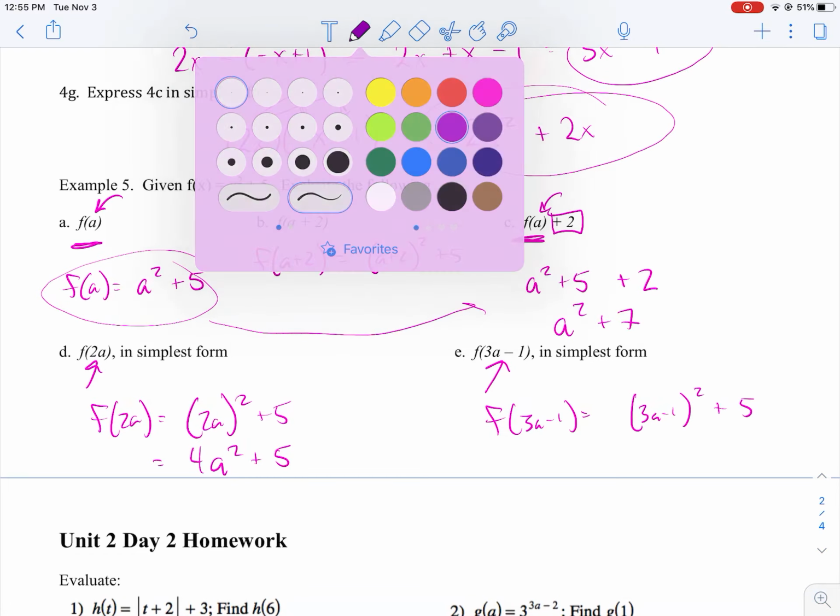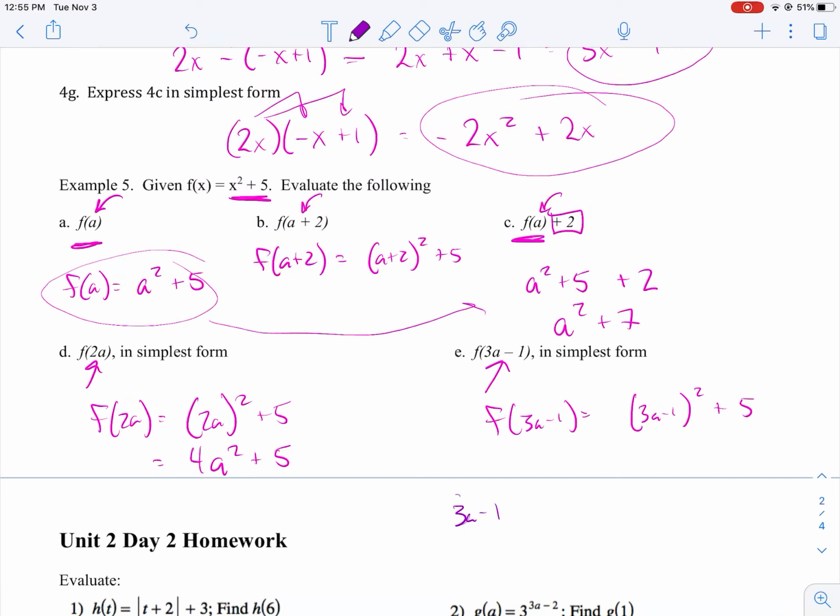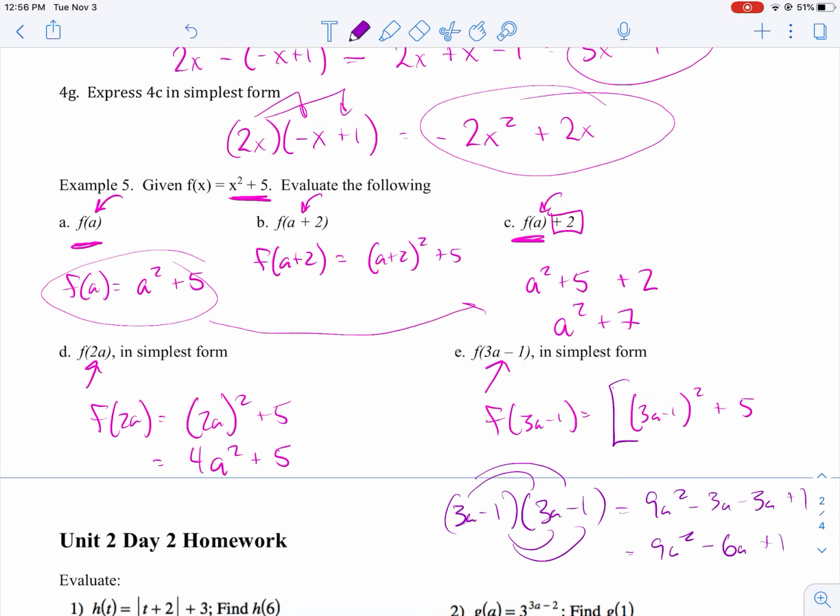So let me write this off to the side here. 3a minus 1, 3a minus 1. Get the arrows in there. We get 9a squared minus 3a minus 3a plus 1, so we get 9a squared minus 6a plus 1. Still not done here yet, though, because all I did was find out what this is.